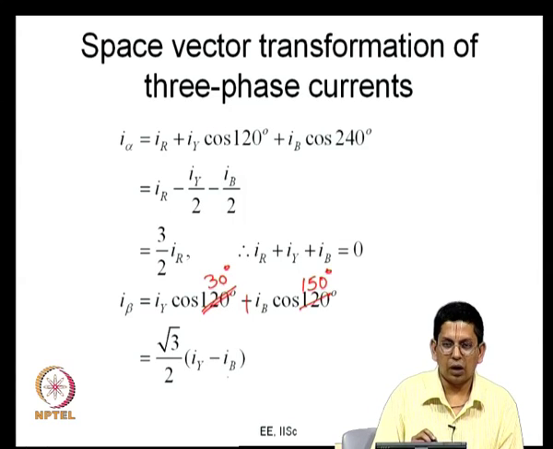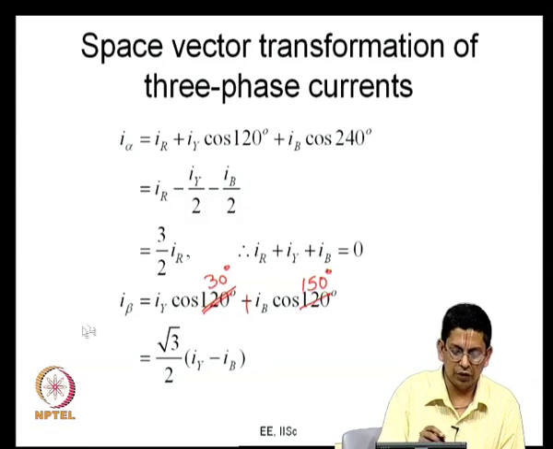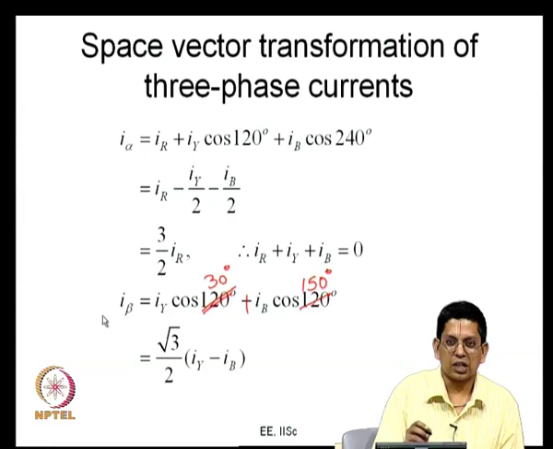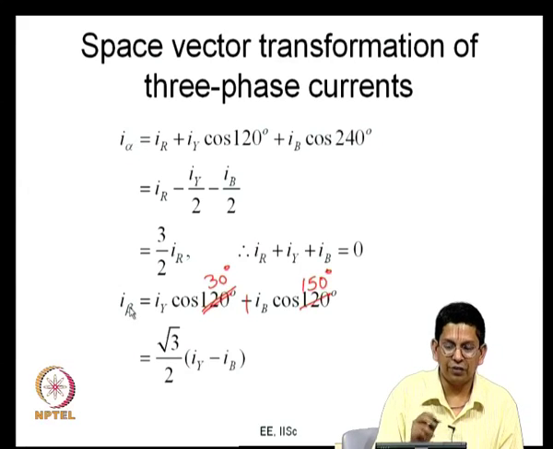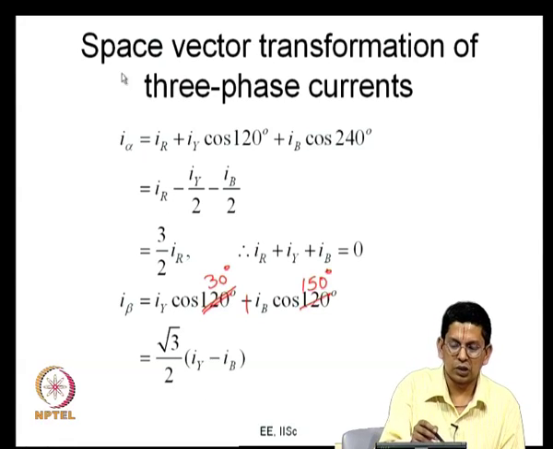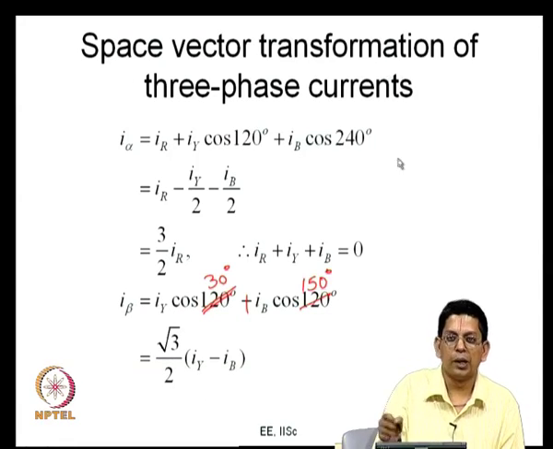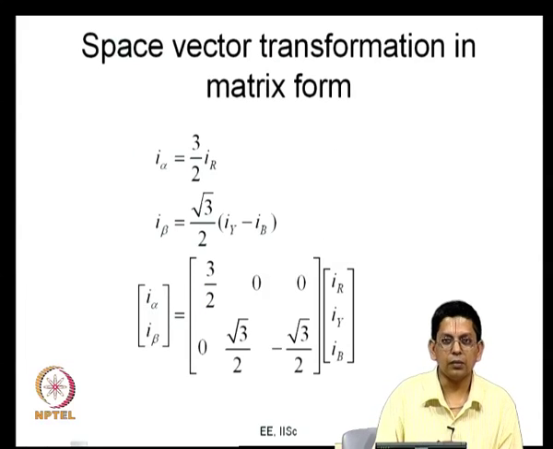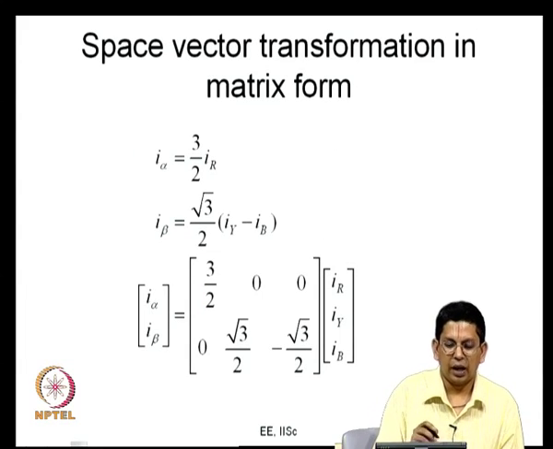So, the MMF produced by a 3 phase winding excited by currents I r, I y, I b is equal to the MMF produced by 2 phase winding alpha and beta carrying currents I alpha and I beta if I alpha is equal to 3 by 2 times I r and I beta is equal to root 3 by 2 times I y minus I b, and this is the space vector transformation of 3 phase currents. That is what is reproduced here.